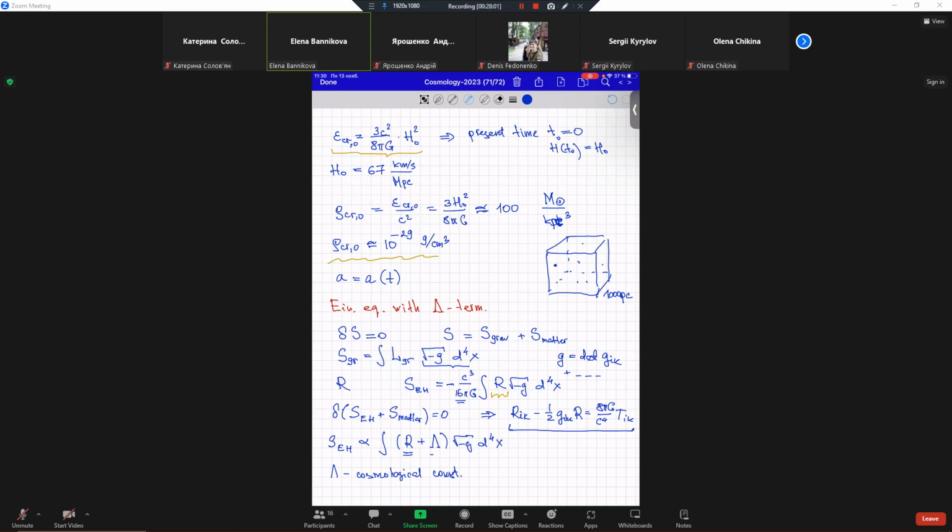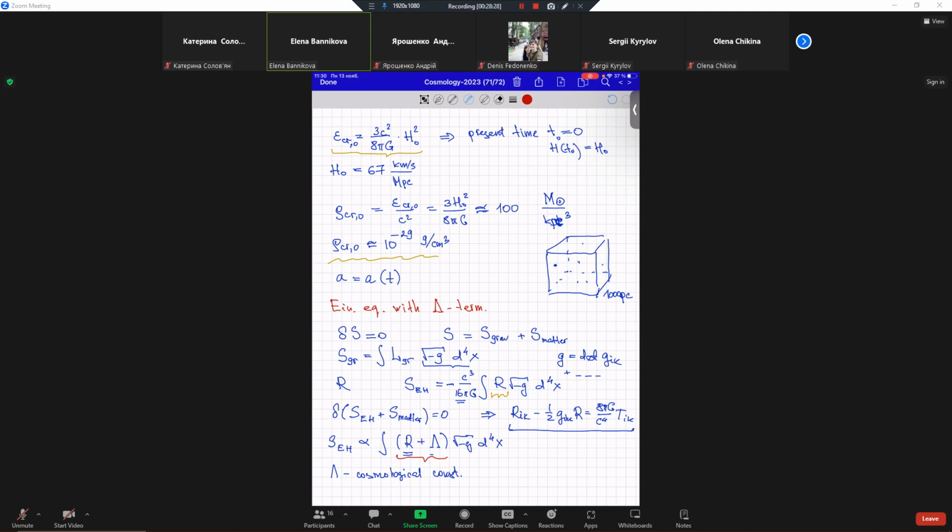And also, since I am already next to this Einstein-Hilbert action, you can ask a question: okay, we need to put here the scalar, but why do we put exactly only scalar curvature in the first part?